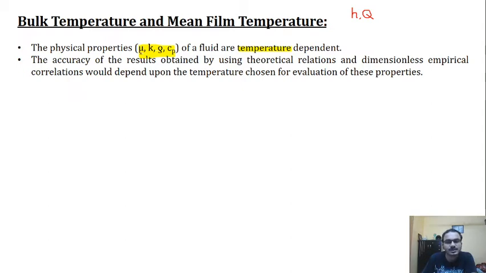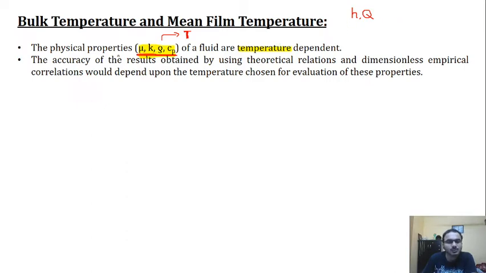It is necessary to obtain these quantities for obtaining the heat transfer coefficient. So all these are dependent on temperature. So if something is wrong in calculation of temperature, we will get all these quantities wrong and ultimately our whole analysis will go wrong.